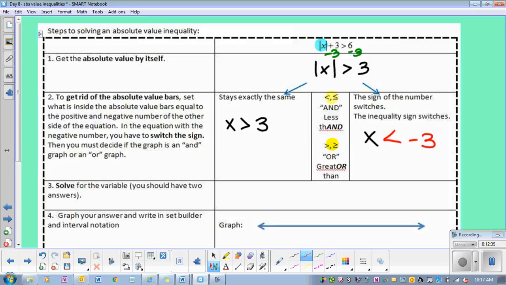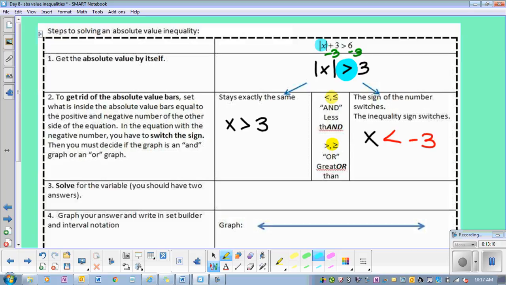Here's the thing, guys. Whenever you have these inequalities, you have to tell me if it's an or if it's an and. All right? If you think about it this way, I hope this helps. You have to go back and look at the sign right where you did the drop the bars and write it twice. Okay? What is the sign? Less than or greater? Greater than.